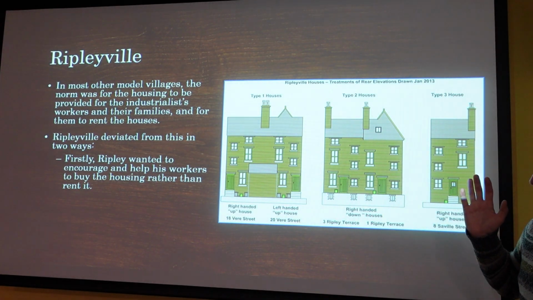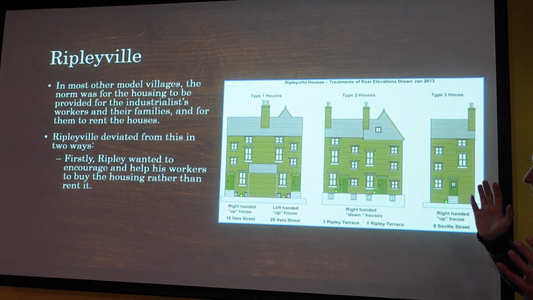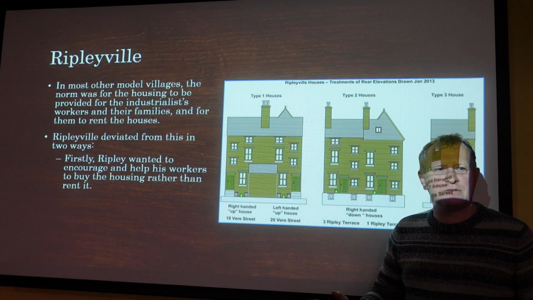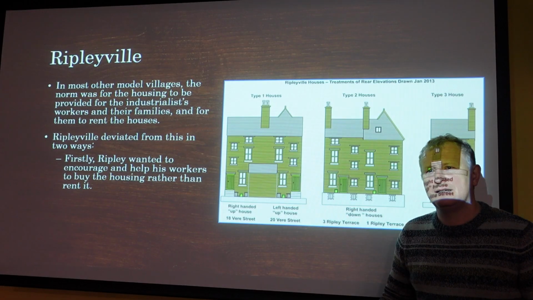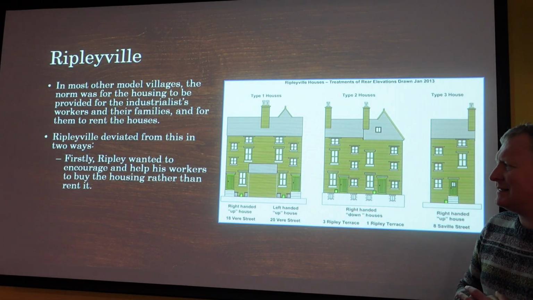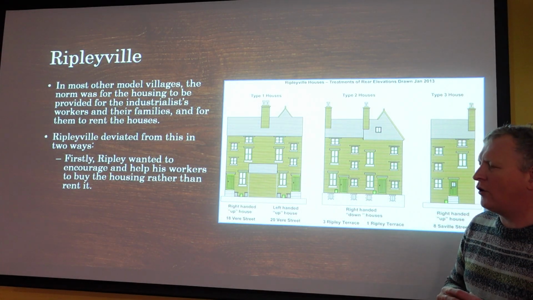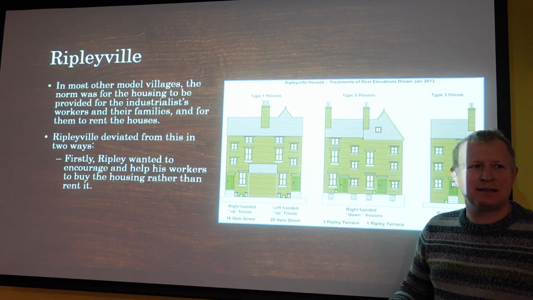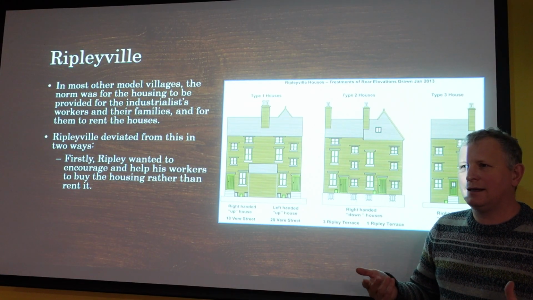Firstly, Ripley was absolutely on a mission that his workers were not going to rent the houses, they were going to buy the houses. Now, this is at a time when the norm for working people, particularly unskilled or semi-skilled working people, is to rent, and culturally it was to rent.